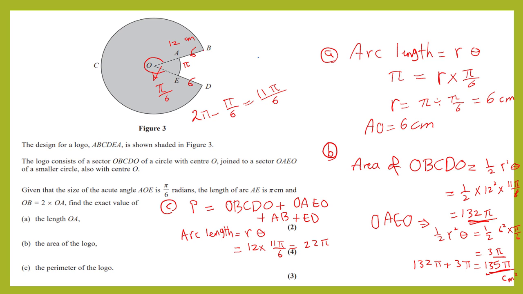This is the arc length only. The perimeter is 22 pi plus 6 plus pi plus 6. Adding the pi's together, it will be 23 pi plus 12 centimeters. You can also write it as a decimal. So this is the answer for part C, how to find the perimeter.